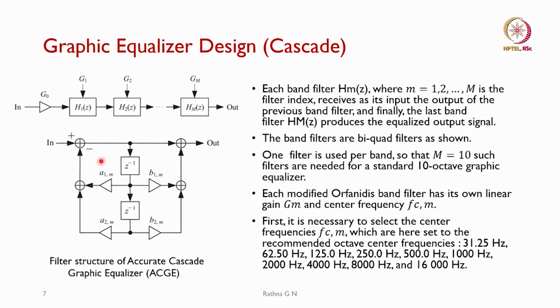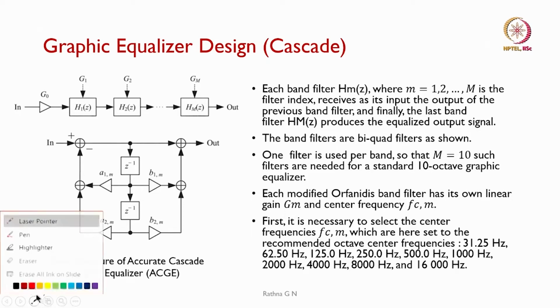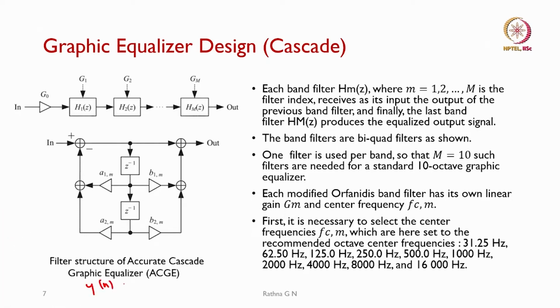So, if you remember the equation, I will write here: y of n is equal to b naught into x of n plus b1 into x of n minus 1 plus b2 into x of n minus 2 minus a1 into y of n minus 1 minus a2 into y of n minus 2.